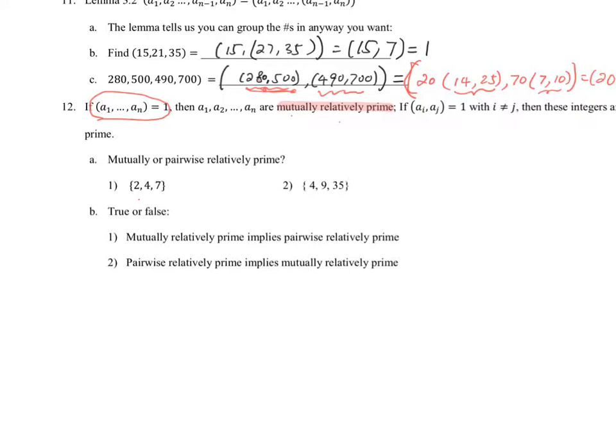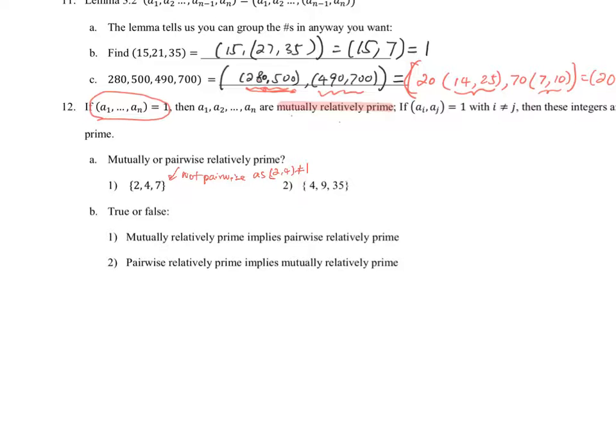The first one, first of all, is not pairwise relatively prime, because 2 and 4 are obviously not relatively prime. The greatest common divisor of 2 and 4 is not 1, it is 2.